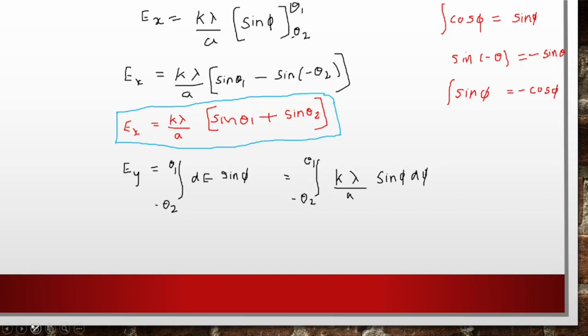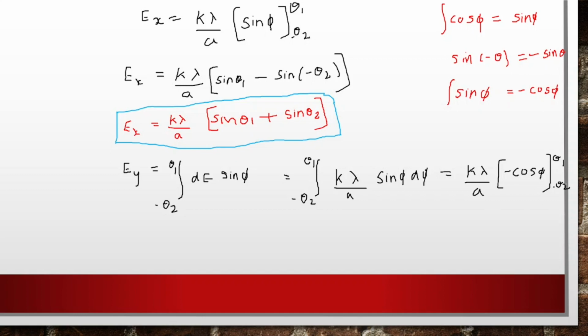So let's apply this. We will get it as k lambda by a, minus cos phi, minus theta 2 to theta 1.